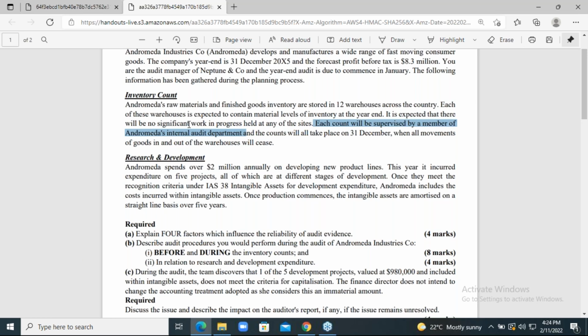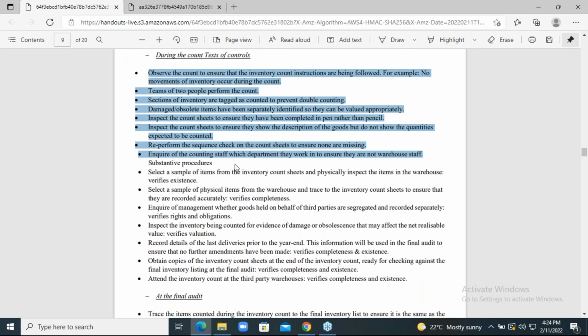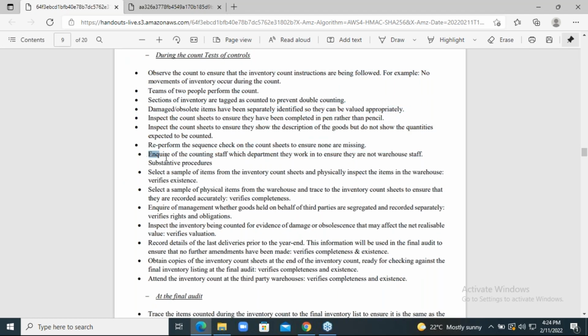Now, if they are saying that internal audit department is going to handle these inventory counts, then why do we need to write down this test of control? Inquire of the accounting staff which department they work in to ensure they are not warehouse staff.